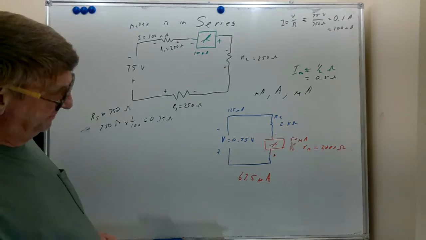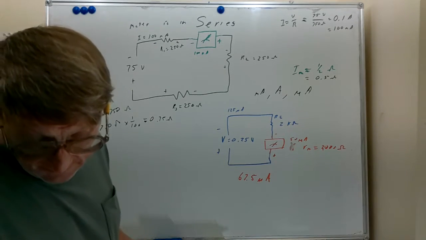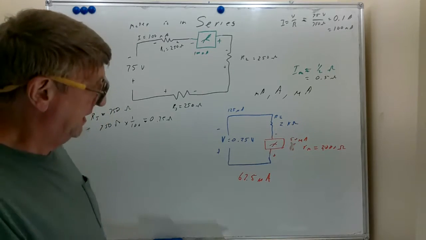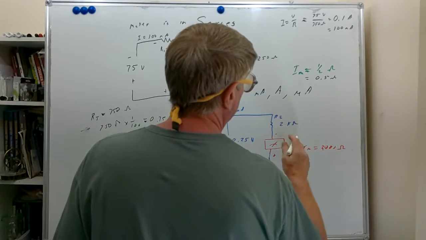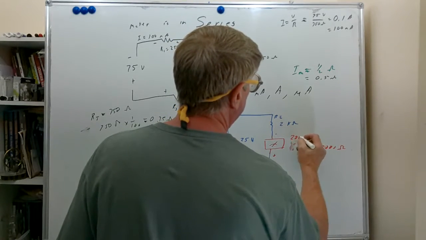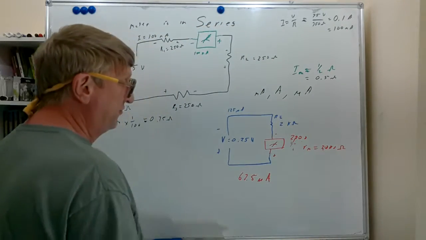Now, let's say it's a 200 microamp meter. Let's say it's still got the 2,000 ohms of resistance.